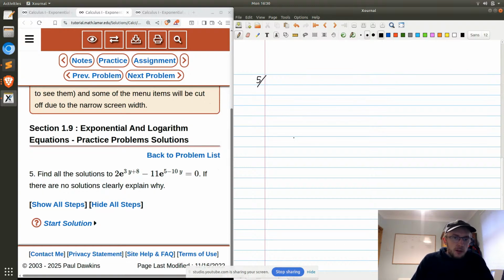Fifth problem, find all the solutions to this. If there are no solutions, explain why.